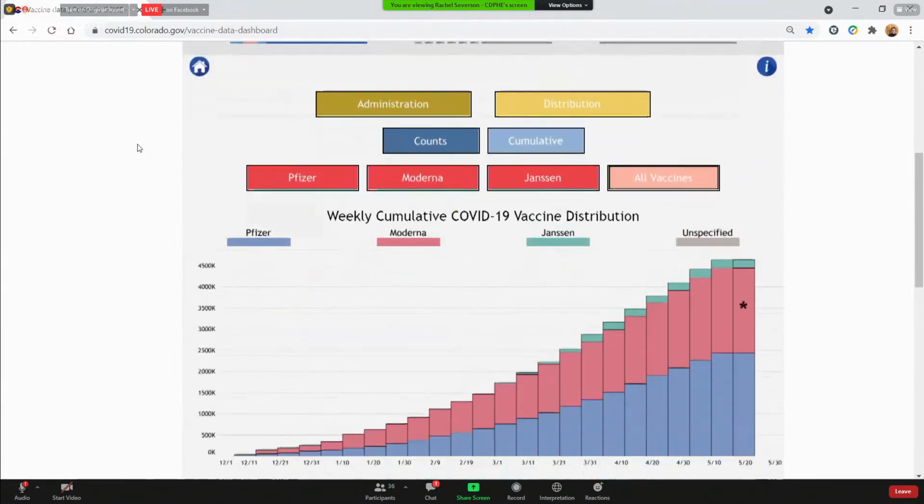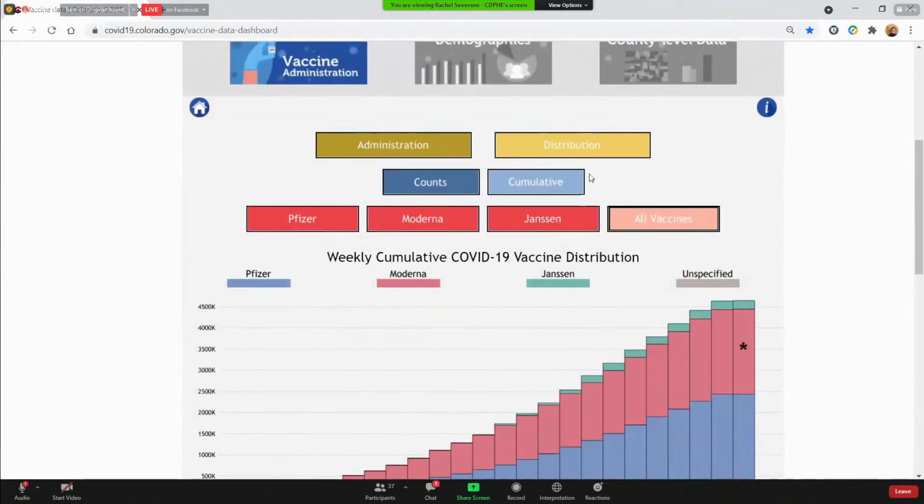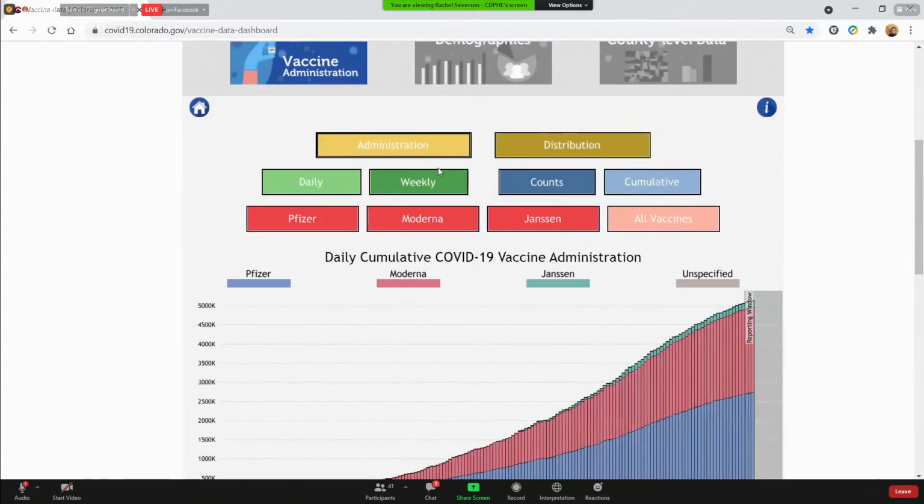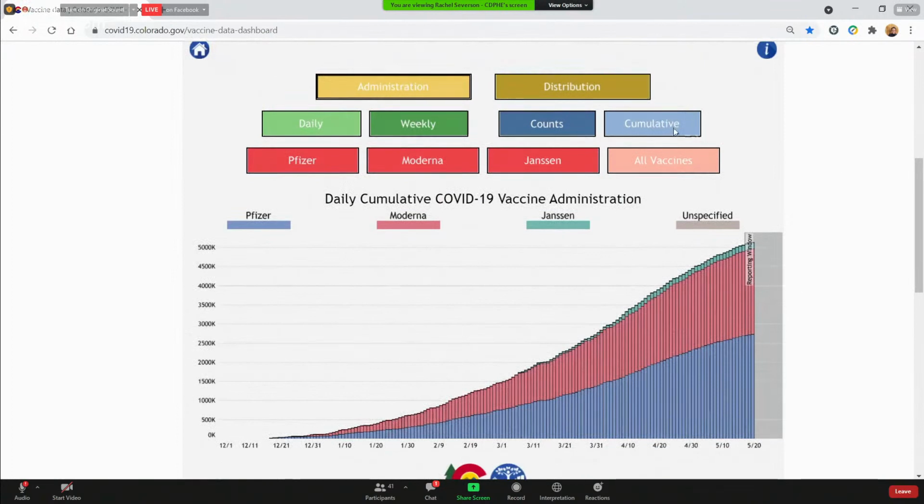The first thing that pops up is cumulative distribution of all vaccines week over week, based on what's been reported by the CDC. For this presentation, I'm going to switch over to administration, and I'll stay on cumulative for now.